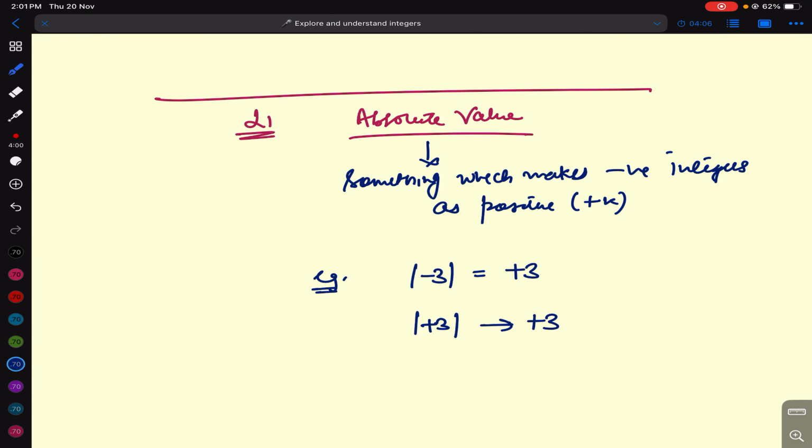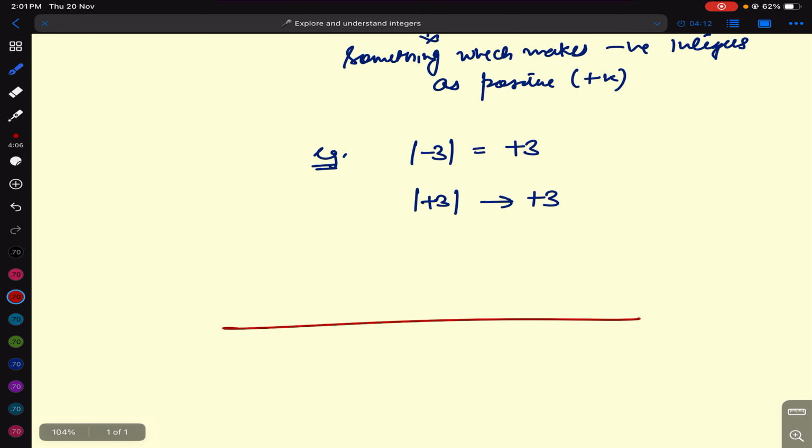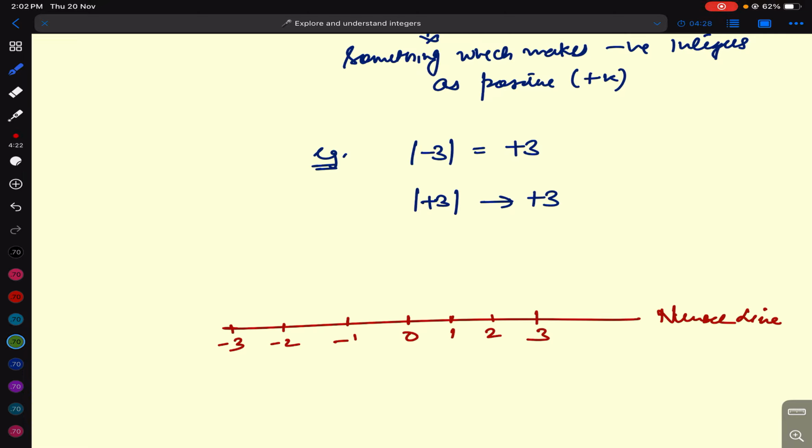Before that, I'll show you the same situation on the number line. Let's say this is your number line, so here we have 0, 1, 2, 3. On the negative side we also have -1, -2, -3. If we have to label -3 on the number line, it is something here, and if we have to label +3, it is there.